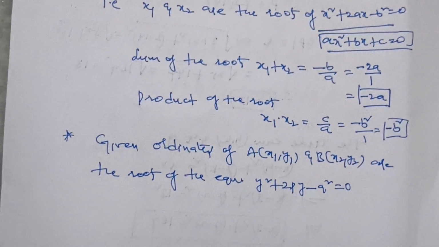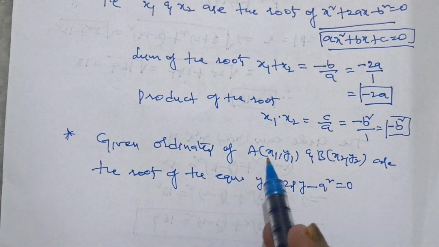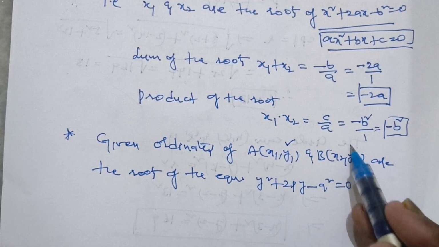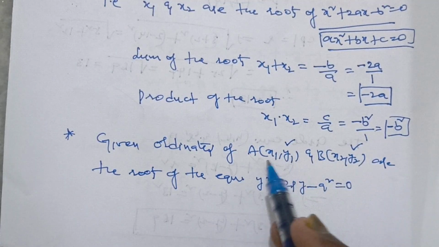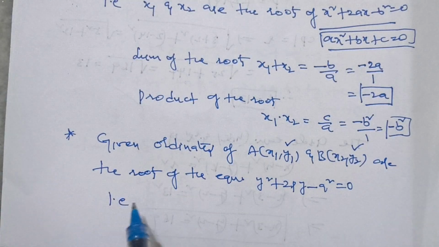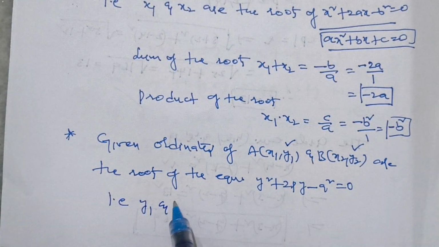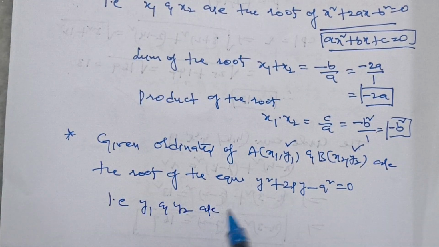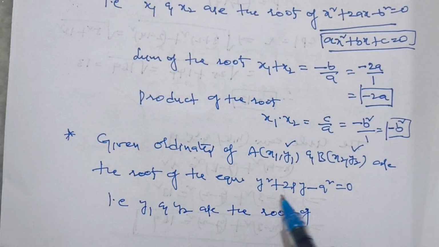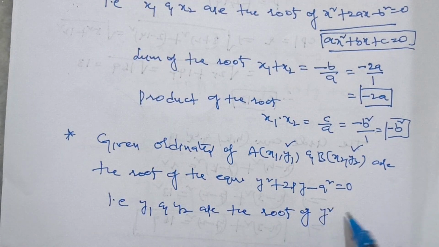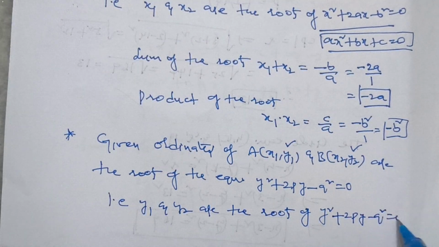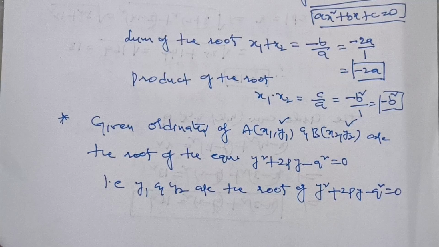So here ordinates of these points means the second coordinates of the points, meaning y values. That is, y1 and y2 are the roots of this equation, y square plus 2py minus q square equals 0.